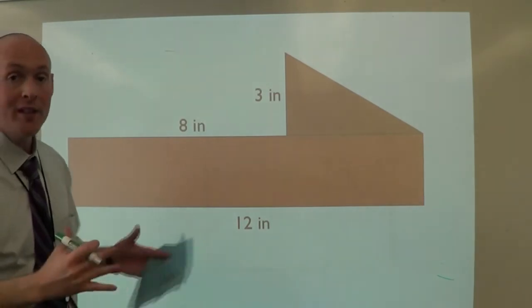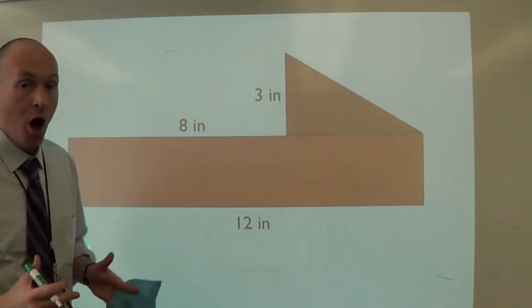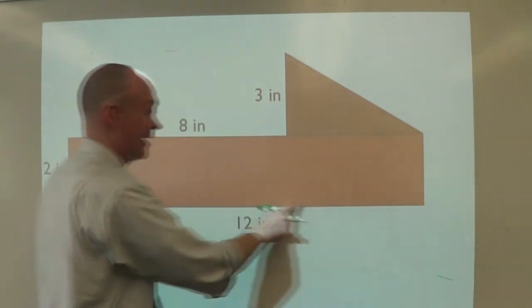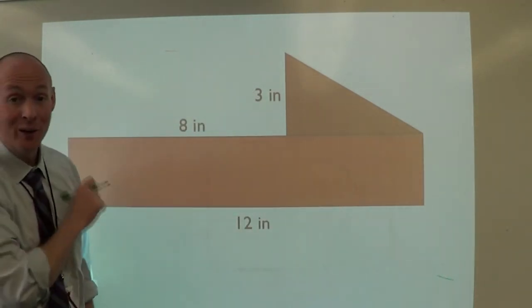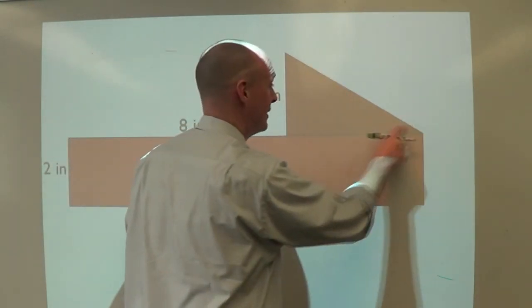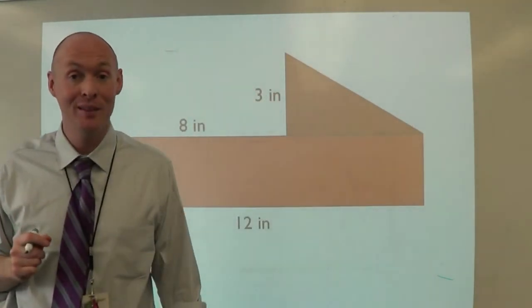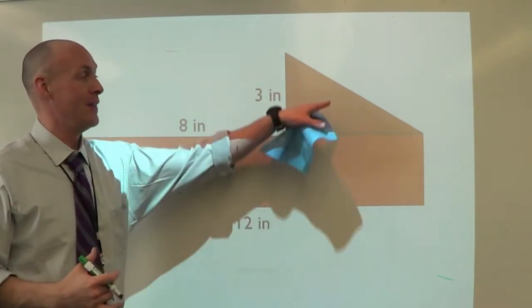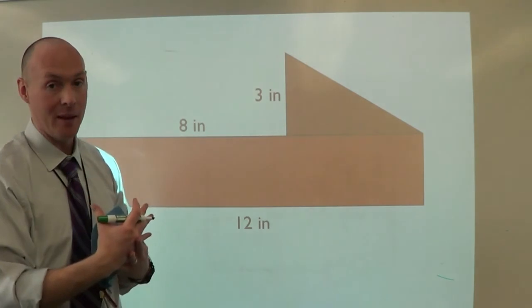Ask yourself, what shapes do I see? Hopefully you see two shapes. Hint, rectangle. And another shape, hint, triangle. So remember, find the area of one, find the area of the other, add them together.